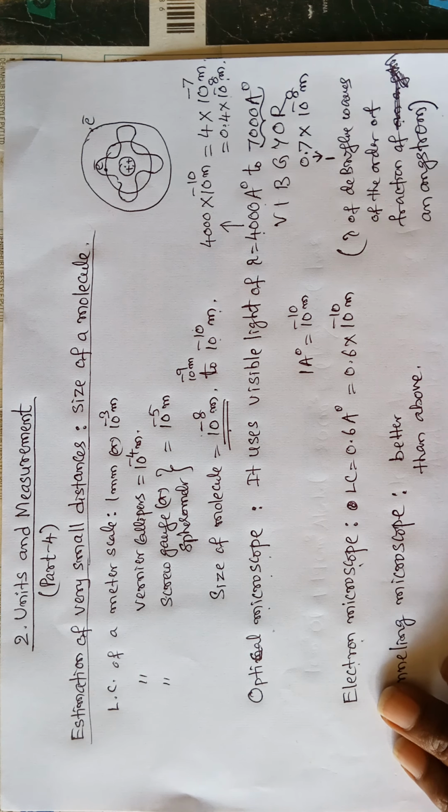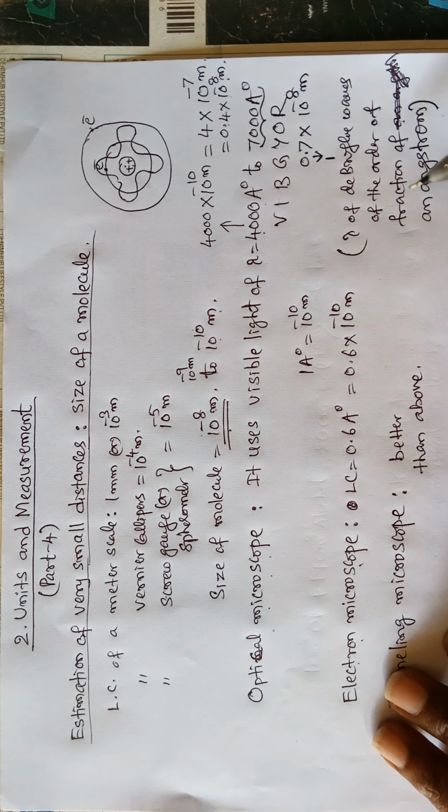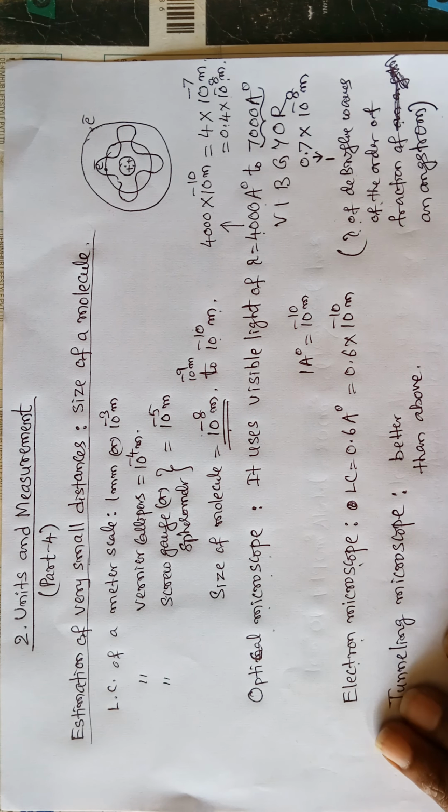Here the waves produced will have a wavelength of which order? Lambda of de Broglie waves will be of the order of a fraction of 1 angstrom. It can be 0.6 angstroms, for example.